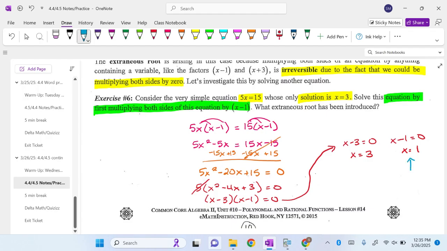This one right here is extraneous. We only want it to be x equals 3. Because if I plug in 1 for x, 5 times 1 equals 15. Is it true that 5 equals 15? No, that's why it's extraneous. It makes our equation not true.